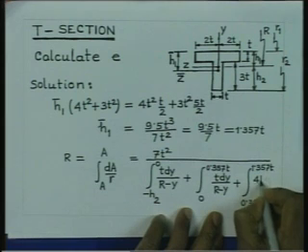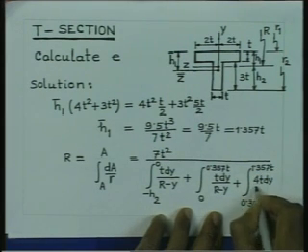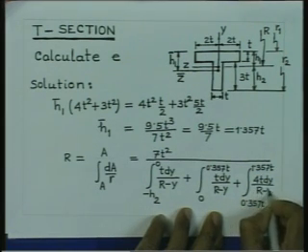So, therefore, 4t into dy divided by R minus y.